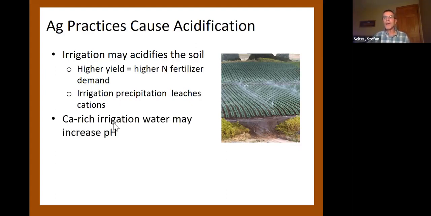However, depending on where you get your water from, there are a lot of very calcium carbonate rich groundwater sources, especially here in the valley. These cations that were leached out over the years, decades, and centuries end up somewhere, and often they end up in the groundwater. So when you have a deep well, you often bring up very calcium-rich irrigation water, which can actually be problematic for a lot of our commercial growers, but for different reasons. But anyway, that can counteract the acidification.